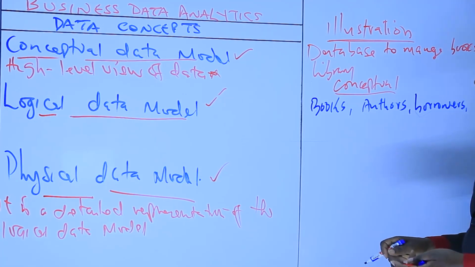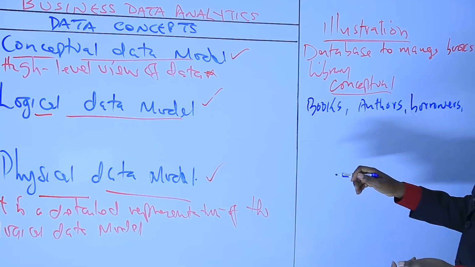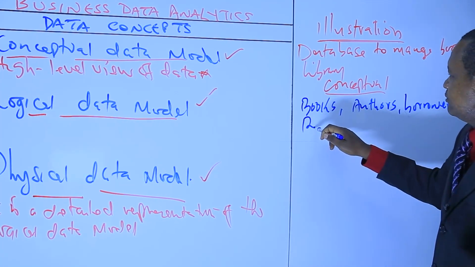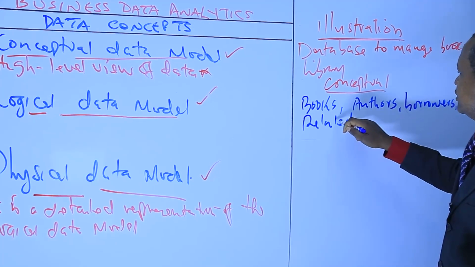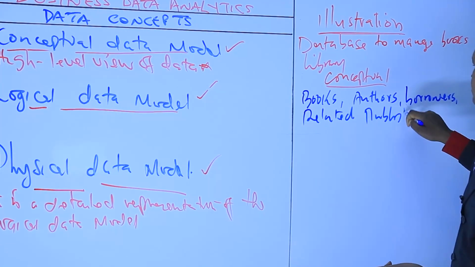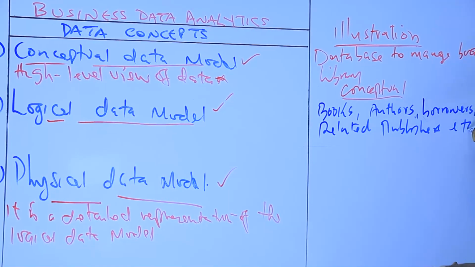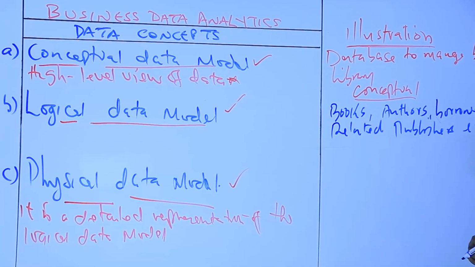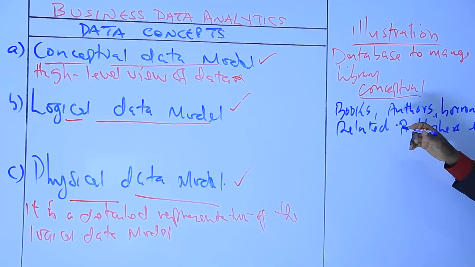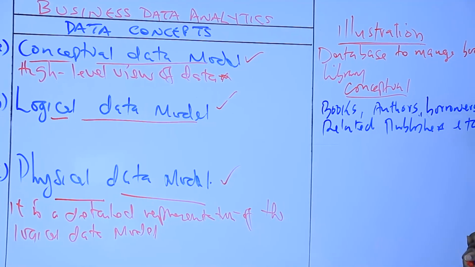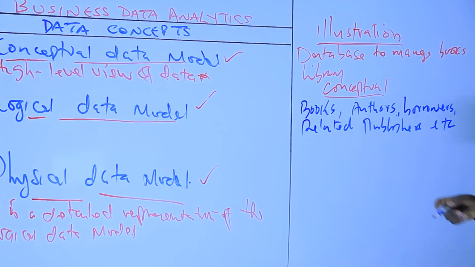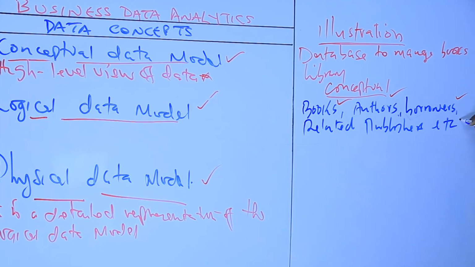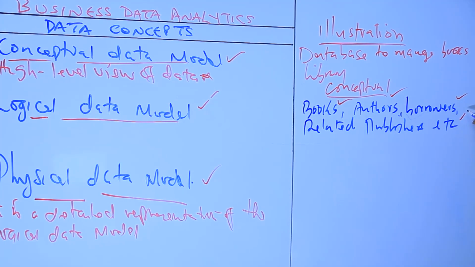We can have variables like the related publishers, and so on. So the relationship between these entities or variables in this database, that is books, authors, borrowers, related publishers, and so on.